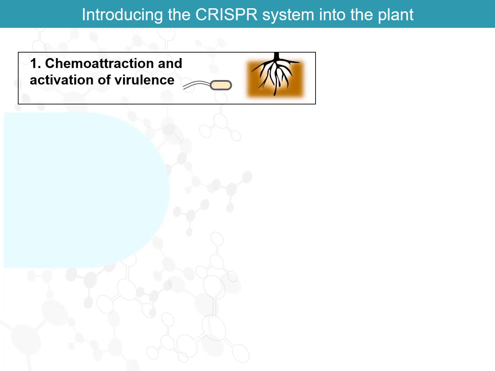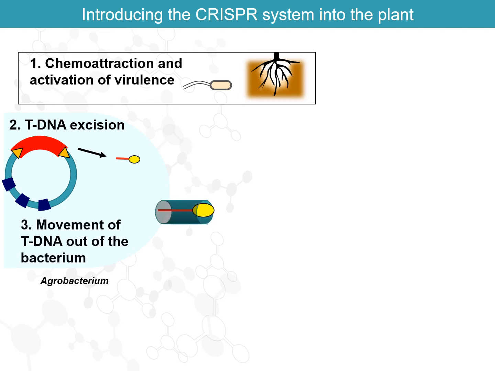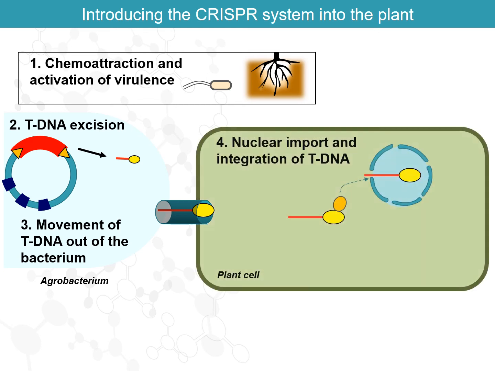Second, T-DNA excision. Third, movement of T-DNA out of the agrobacterium. Fourth, nuclear import and integration of T-DNA. Fifth, expression of T-DNA and pathogenicity.